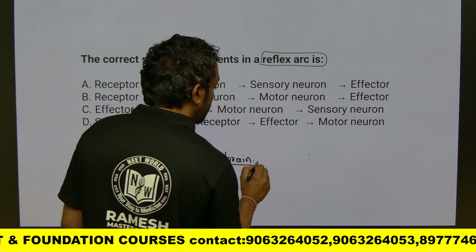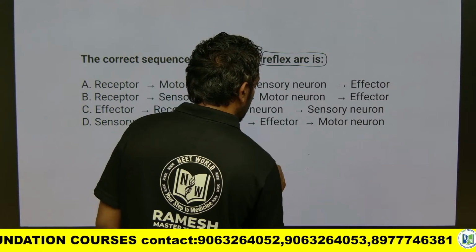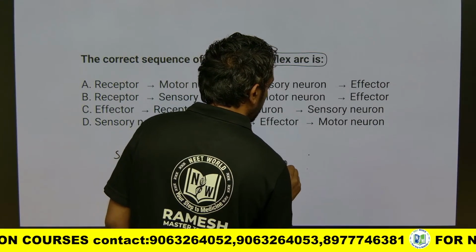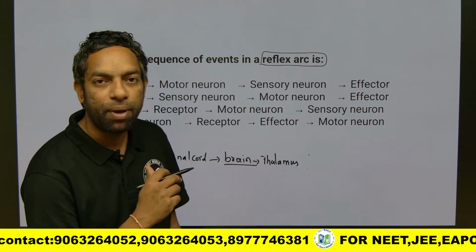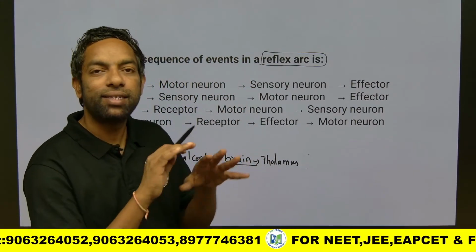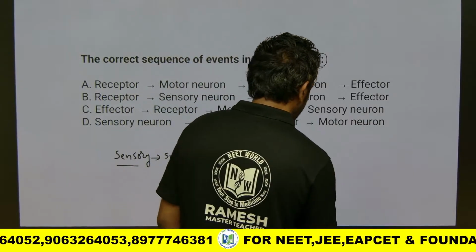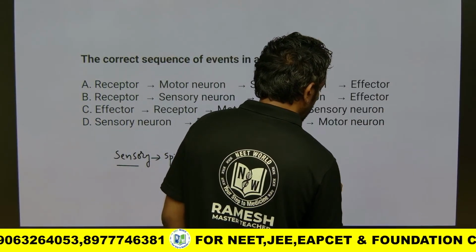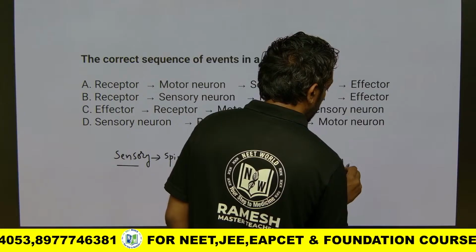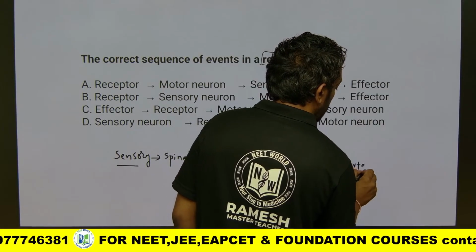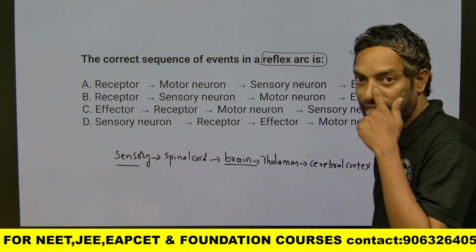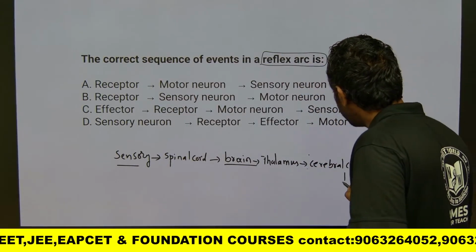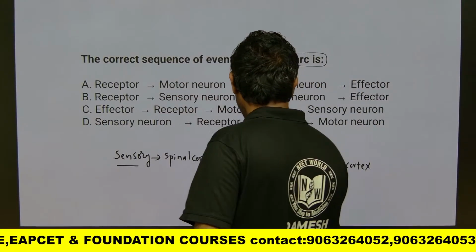In the brain there is an analytical part which is the thalamus. Thalamus can analyze what happened. They can send the signals into the cerebral cortex. Cerebral cortex can analyze what happened, and they can send back the signals into the thalamus.